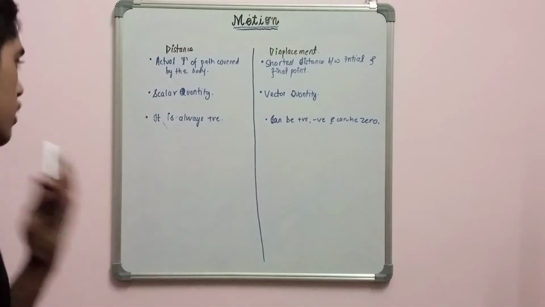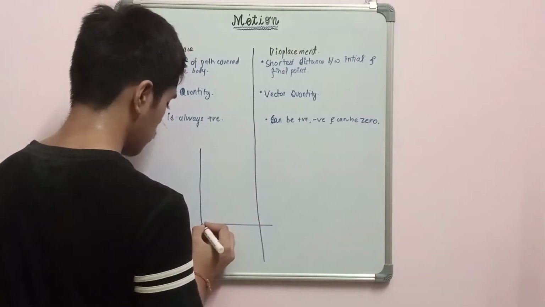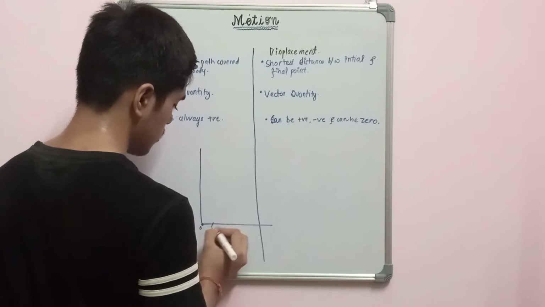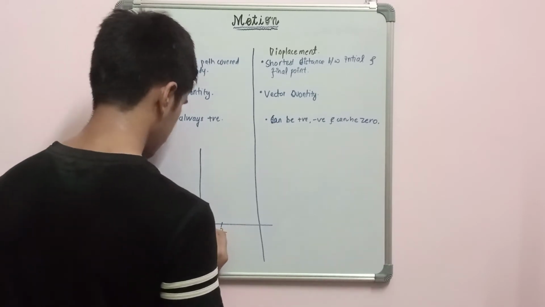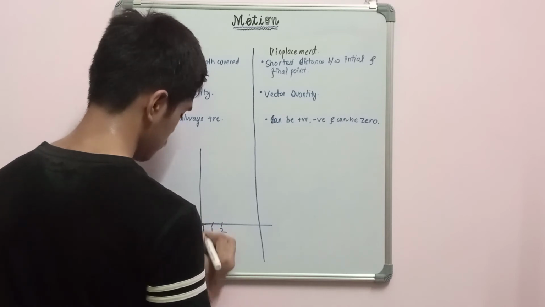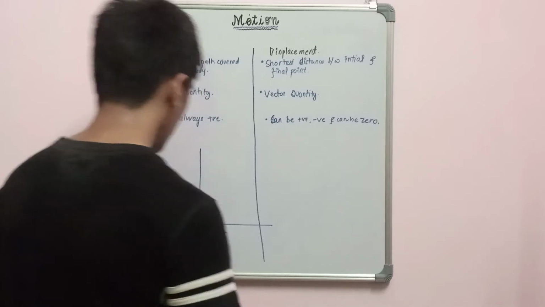How? Explain karo. See, suppose this is the origin. There is 1, there is 2, minus 1, minus 2 on the axis.